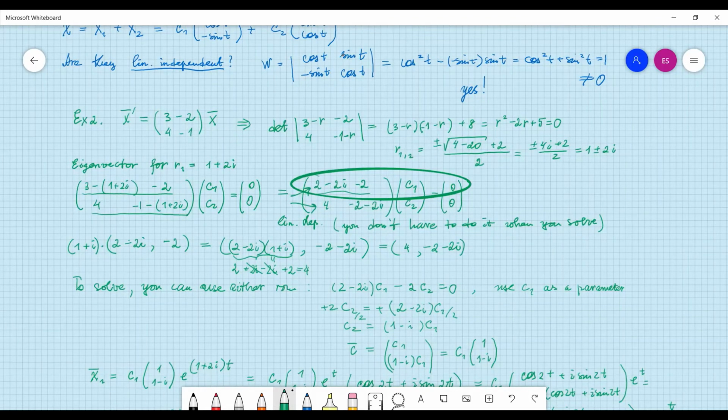Then we found one eigenvector which was corresponding to the value 1 plus 2i, and we did not do the second one, which was the conjugate. Well, standard procedure, actually, you can go over and just finish the standard procedure and find the second eigenvector and give the solution in a standard form, like you pretend that the eigenvalue is not a complex number.